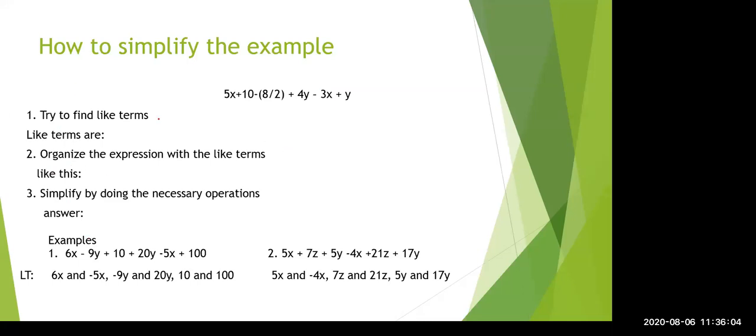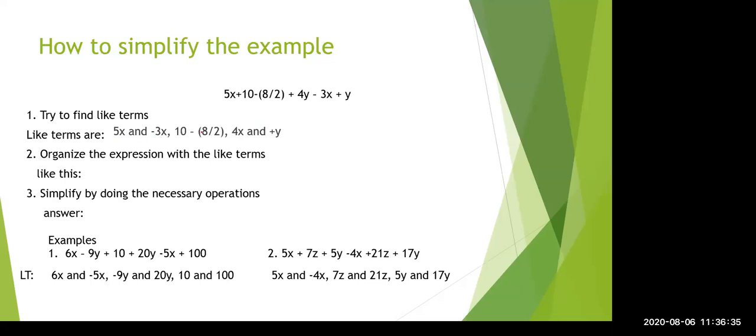The first step is finding the like terms. Like terms are things that are similar. In this example, the like terms are 5x and negative 3x, because they have the same variable.